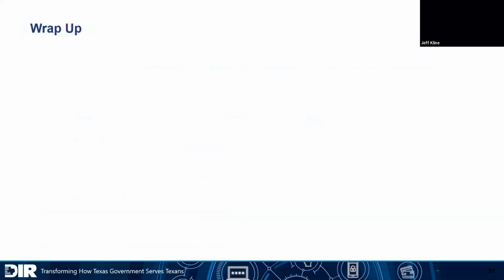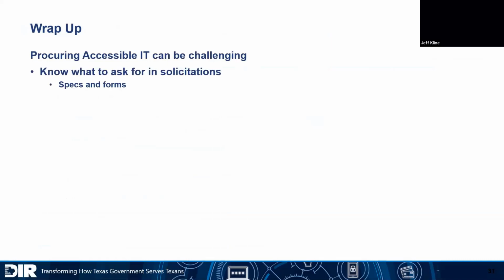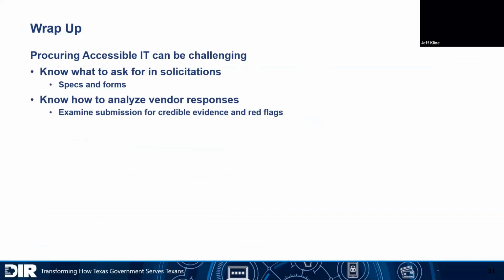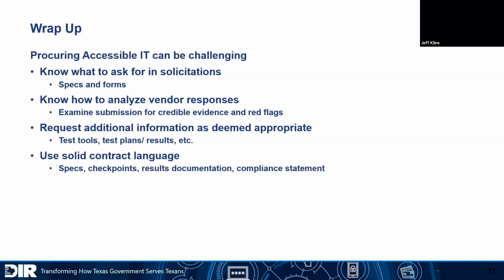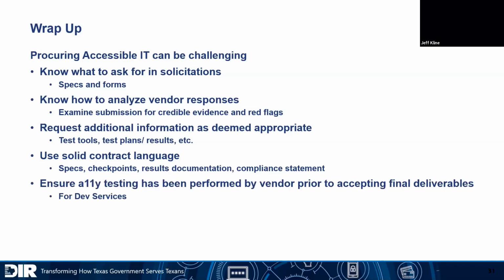So let me just wrap up. I've been talking nonstop here. I'm going to open it up for questions in a second. Procuring accessible IT can be challenging. Know what to ask for in solicitations, what specs, what forms to use, know how to analyze vendor responses, examine for credible evidence and red flags, request additional information as deemed appropriate, test tools, test plans, results, talked about that, use solid contract language, specifications, checkpoints, et cetera, and even a compliance statement at the end if it's a development contract.